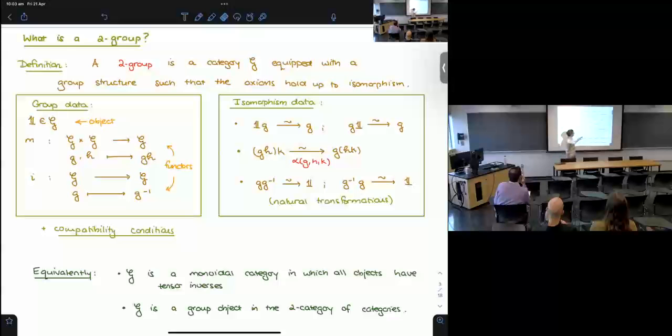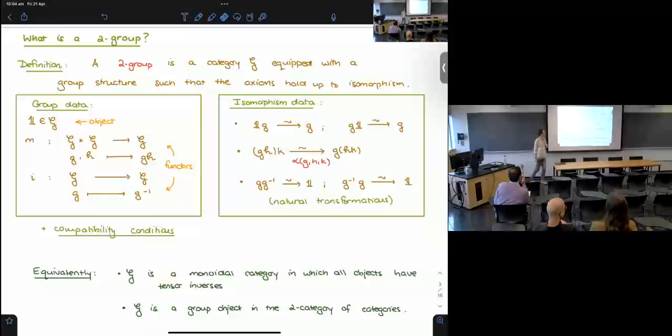These are all going to be natural transformations, and if I had morphisms between the objects G, H and K, I would get a bunch of commutative diagrams, and they should be compatible with each other, satisfying some compatibility conditions, some of which I'll explain later. Again, all of this is data that is part of the group. So if we keep this the same but change this, it's a different two group. In particular, we're interested in the associator, which we call alpha. That's the only one I've given a name for this talk, because that's the one we'll talk about.